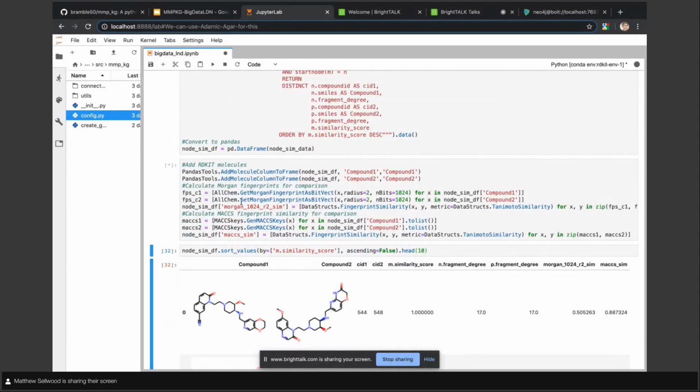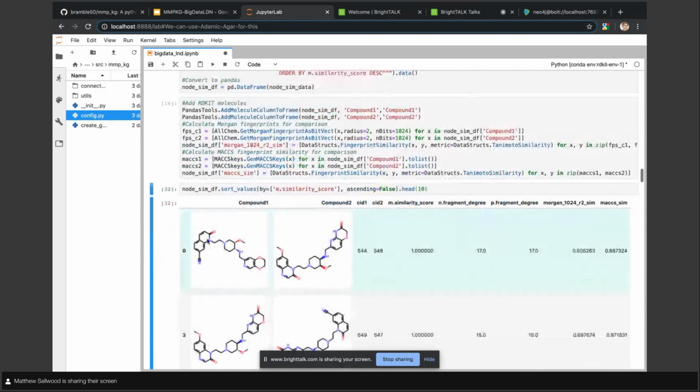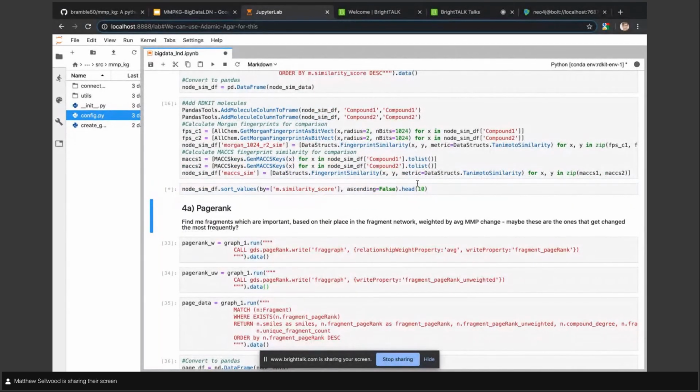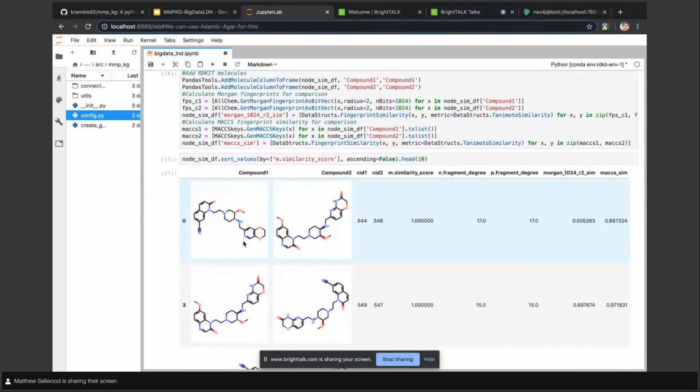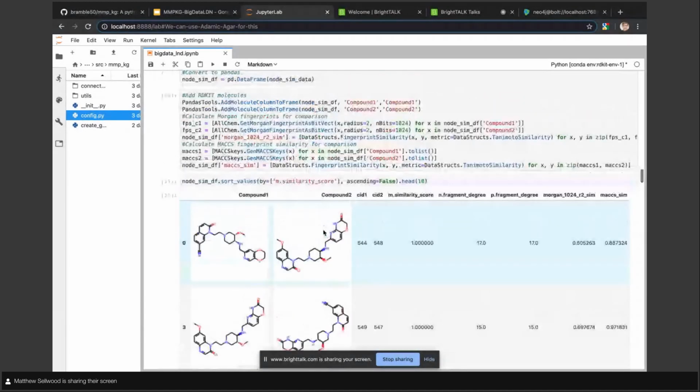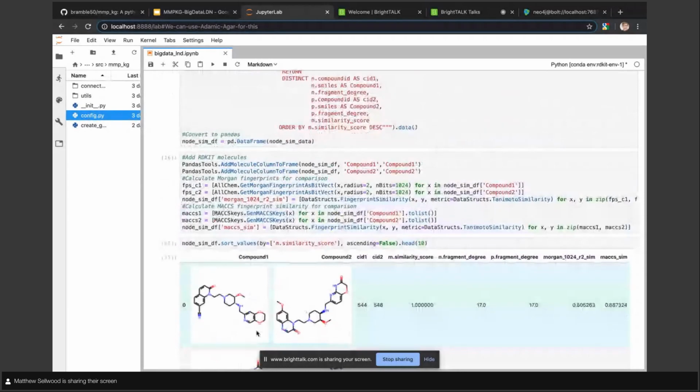And then once that's run, you essentially get this. Now we can just run this, and it will output the data. Here we can see the molecules returned are much more similar to each other. They have a much higher amount of the original backbone, the original part of the molecule.